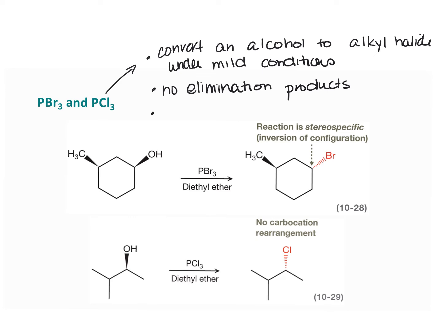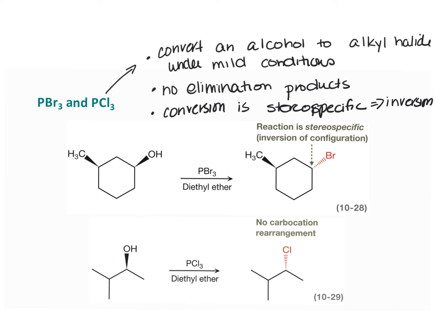The conversion is stereospecific. It does take place with an inversion of configuration. So if you start out with a wedge here, you're going to get a dash here. That means if it's R, it'll be S, or S then R, right? So there is an inversion that you're going to see, right?